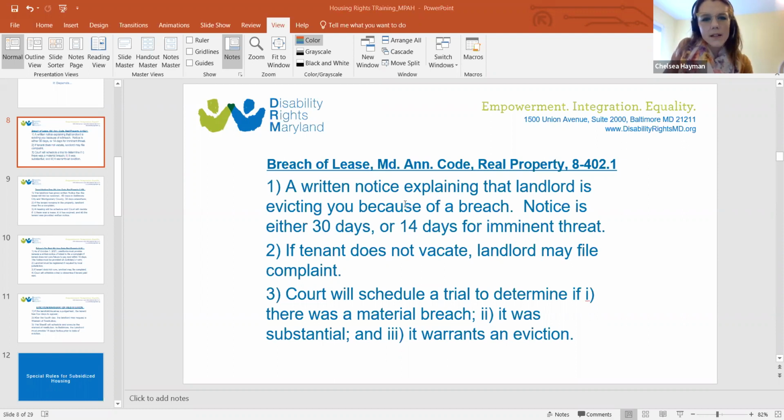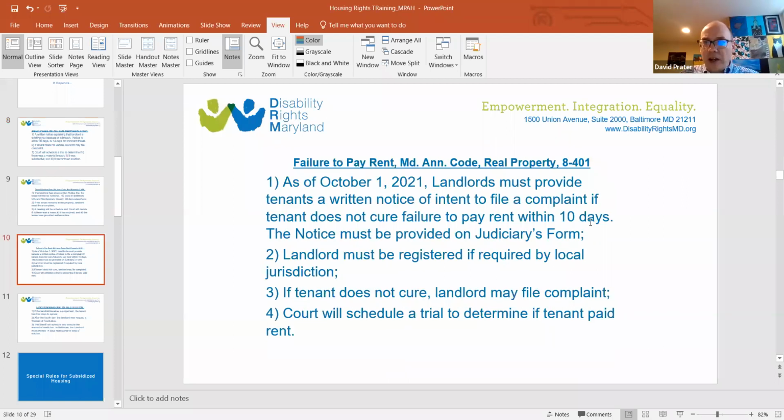Daphne Dorange asks, if the lease grants a 10-day grace period, is this notice issued on the first or should it be issued at the end of that grace period? I think, Daphne, you're talking about the notice of intent to file a complaint. She says yes. Okay, great.